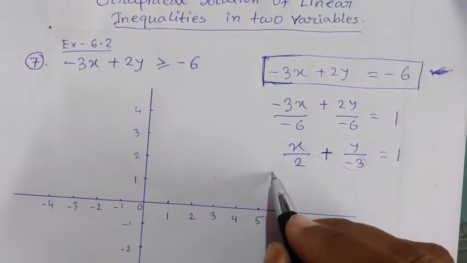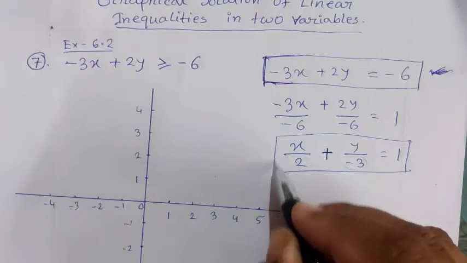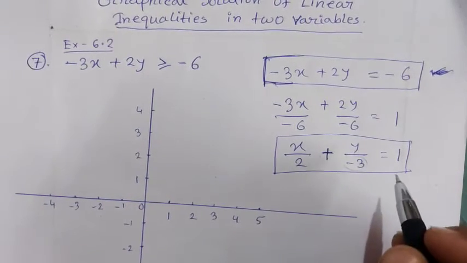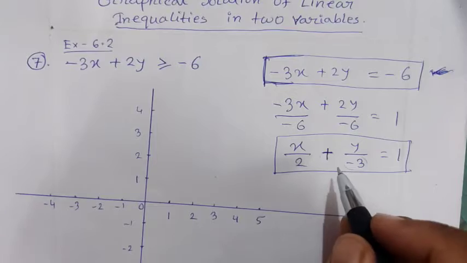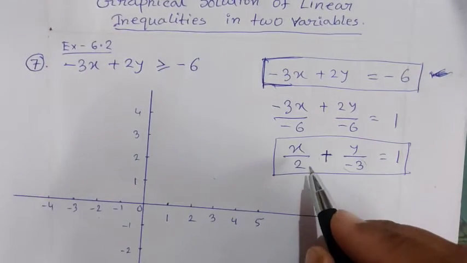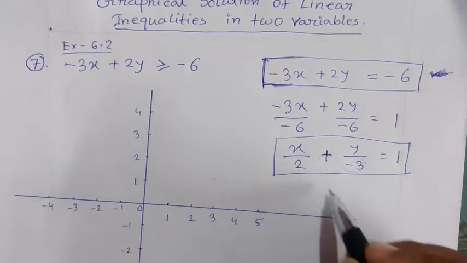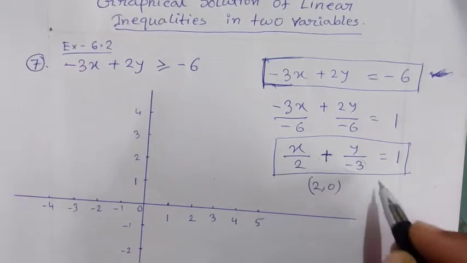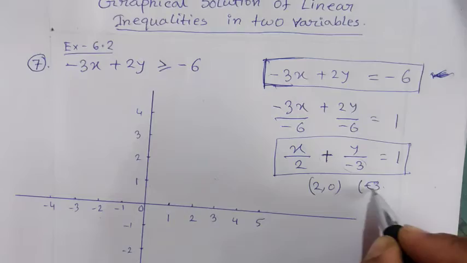So this form thus obtained is called the intercept form of a straight line, and the conclusion from here is the line will pass through (2, 0) and (0, -3).